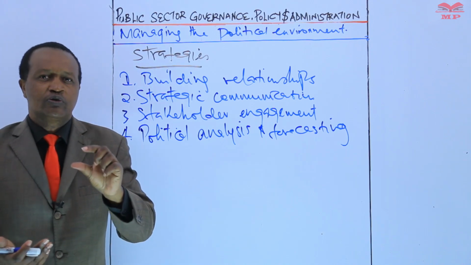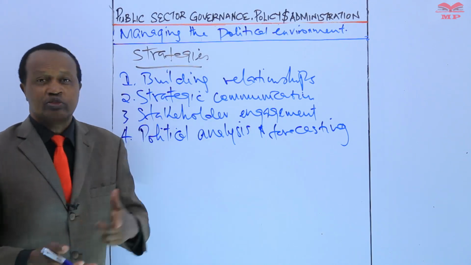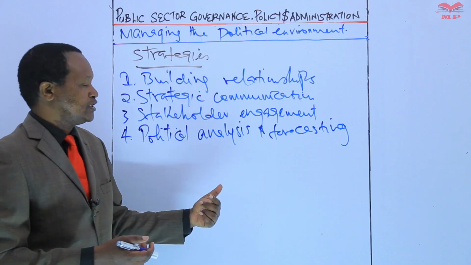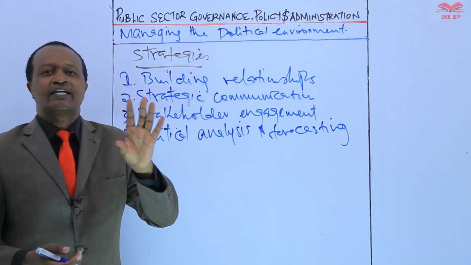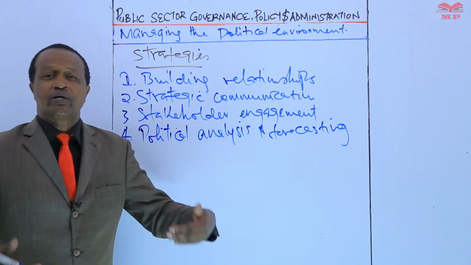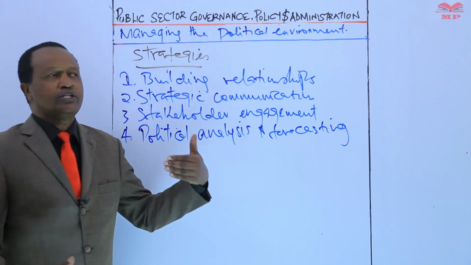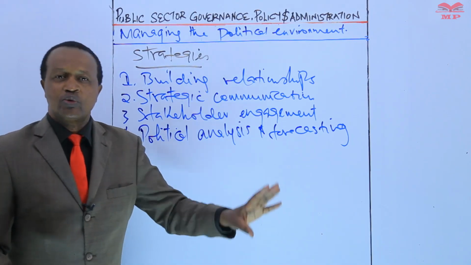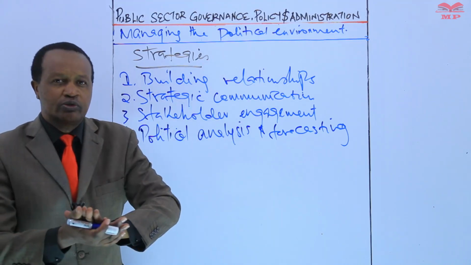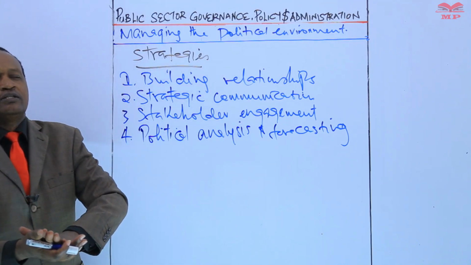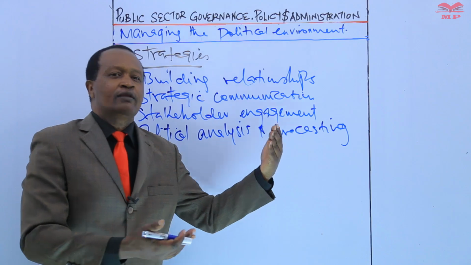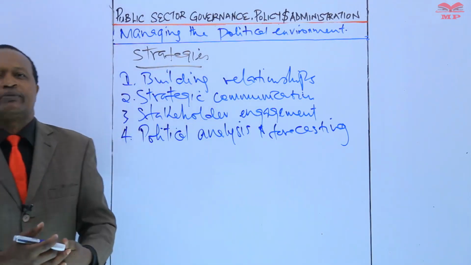That is essential for proactive decision making. To manage the political environment, one has to have an understanding, one has to be informed, one has to be aware of political trends in the country, political trends worldwide, and also the potential risks, in order to be proactive in decision making.